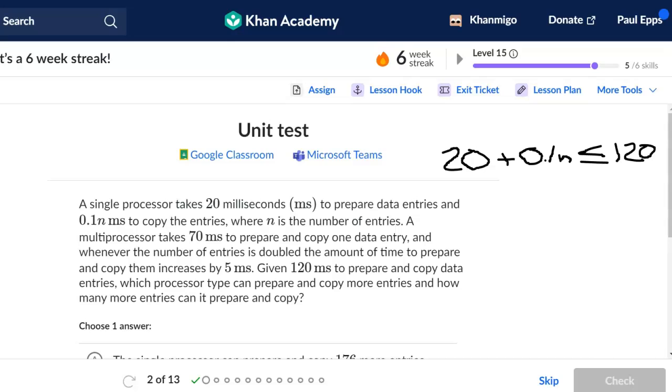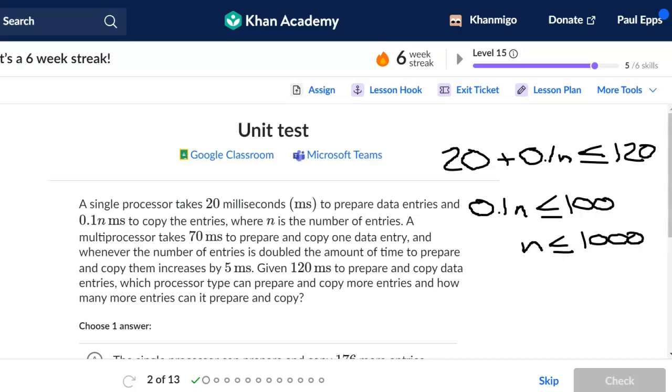First of all, let's subtract 20 from both sides. We'll get 0.1 n less than or equal to 100, and then divide both sides by 0.1, and we're going to get n is less than or equal to 1,000. All right.